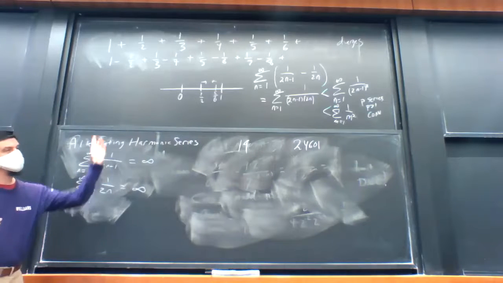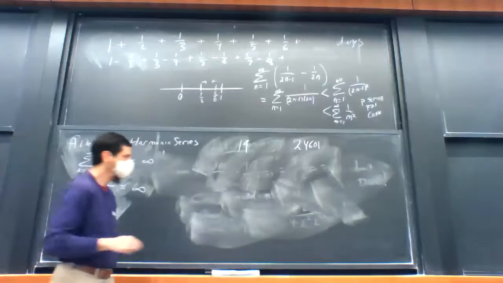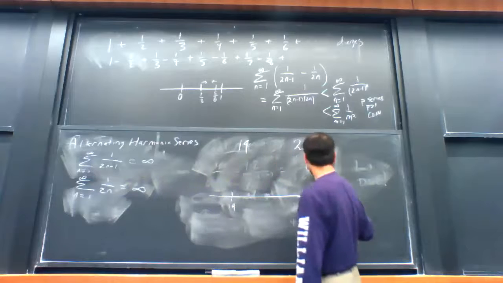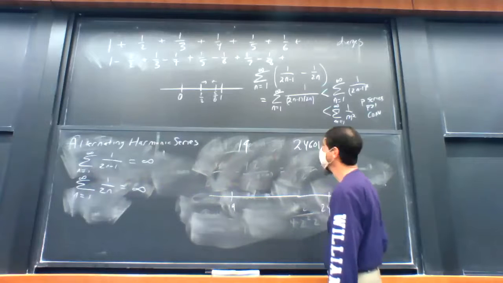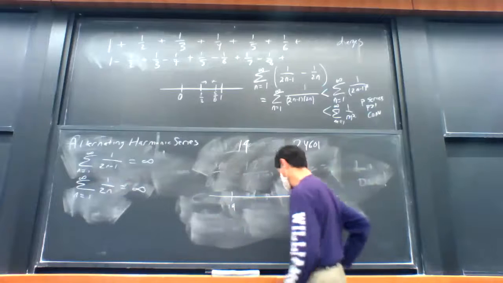So I'm going to have my sum alternate back and forth between those two numbers. And what you do is here's 19, here's 24601. We start adding the positive terms.